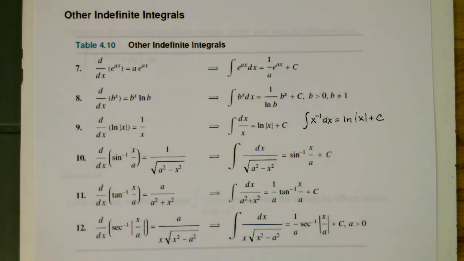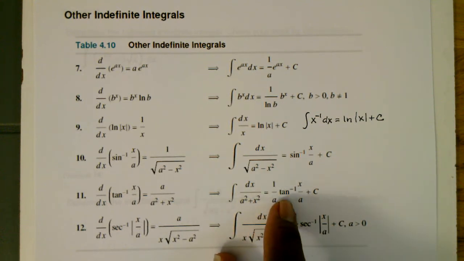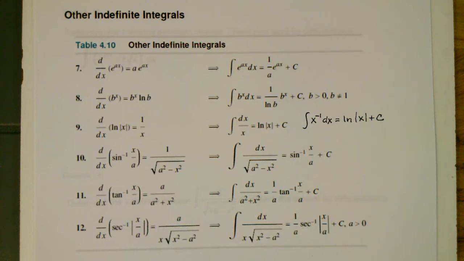And then for the inverse tangent of x over a, its derivative will be a divided by a squared plus x squared. And then take its integral, dx over a squared plus x squared, it will be 1 over the constant a times the inverse tangent of x over a plus c.